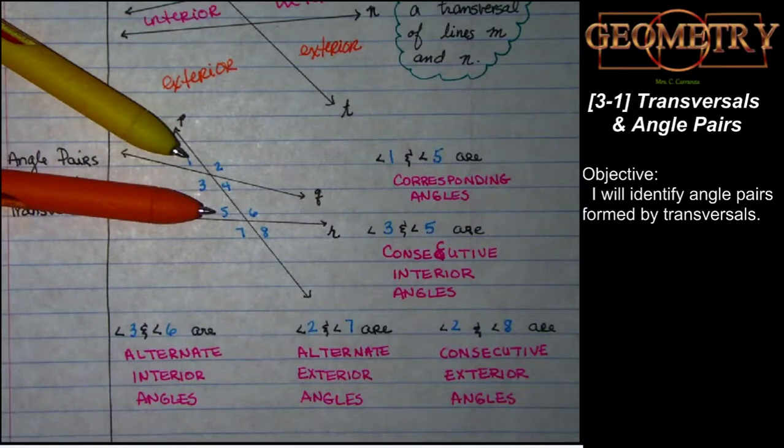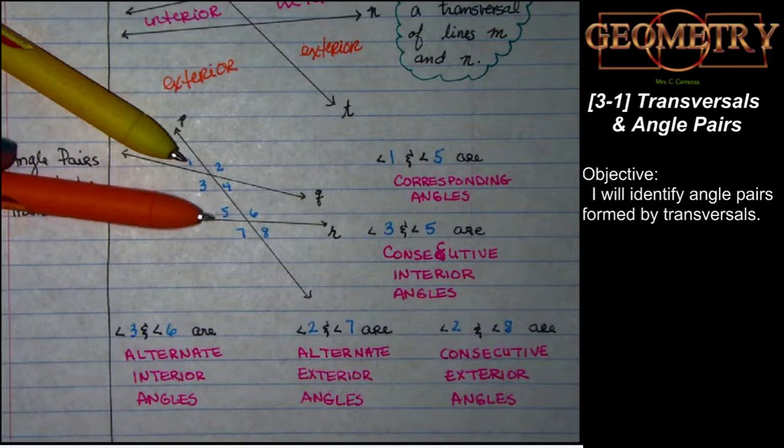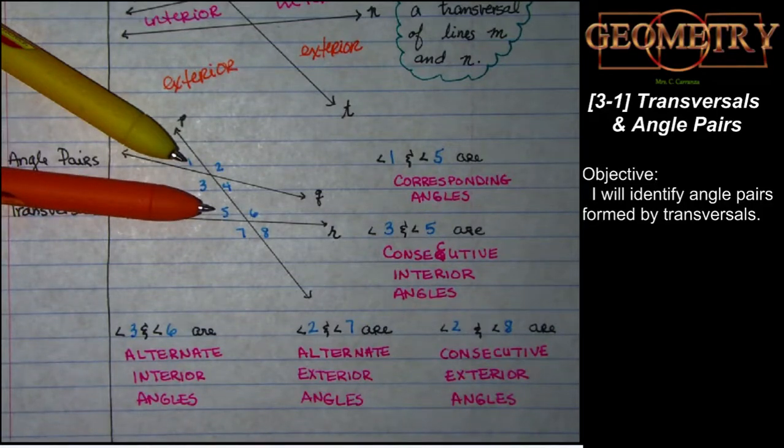So you have one in the exterior and one in the interior, and both of them being on the same side of the transversal. That's what makes them corresponding. So on top of them being same side, you can also add one interior, one exterior. So update your notes now, right in this little space right here, that corresponding angles are same side, one exterior, one interior.